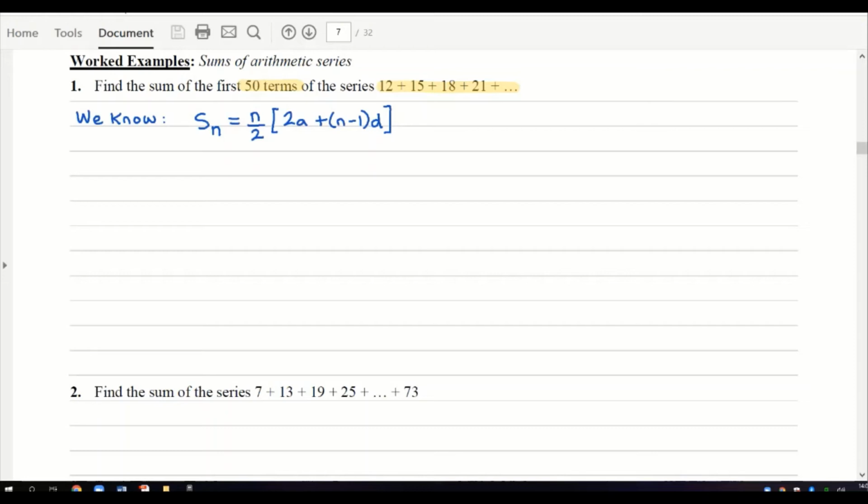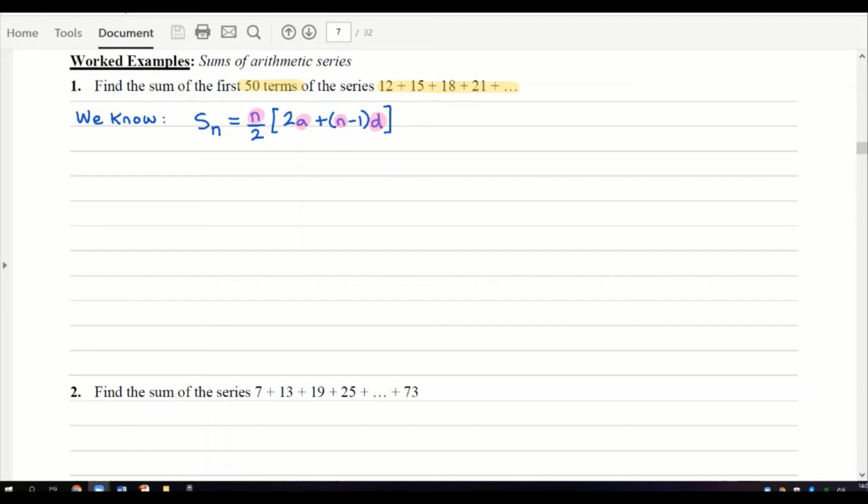And the key thing here is, if we're going to use it, we've got some values that we need to substitute in. Now, if you notice, what do we need? Well, we need the n, we need an a, and we need a d. And there's another n there, obviously. So we need to know the values of a, n, and d if we're going to use this.